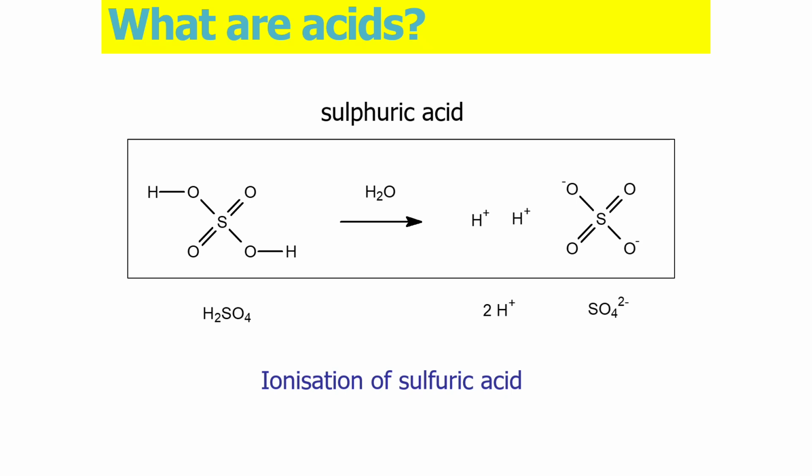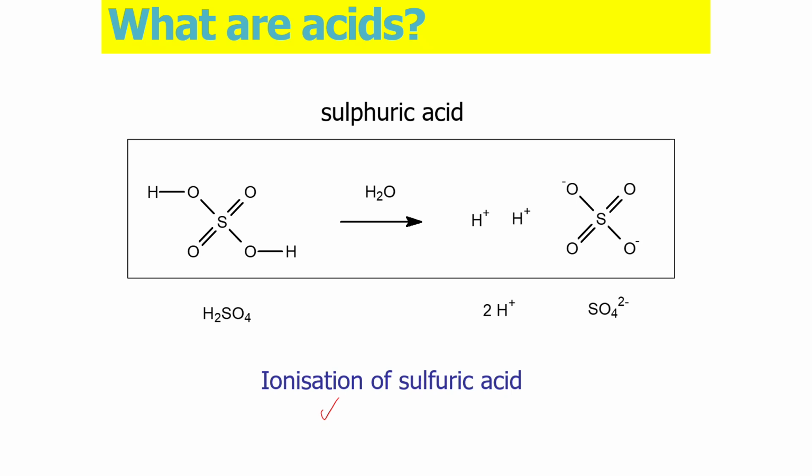Let's take another example. One of the strongest acids which we commonly use is sulfuric acid. We can see what is happening to sulfuric acid in water. So sulfuric acid also undergoes ionization, that means splitting into ions in water.